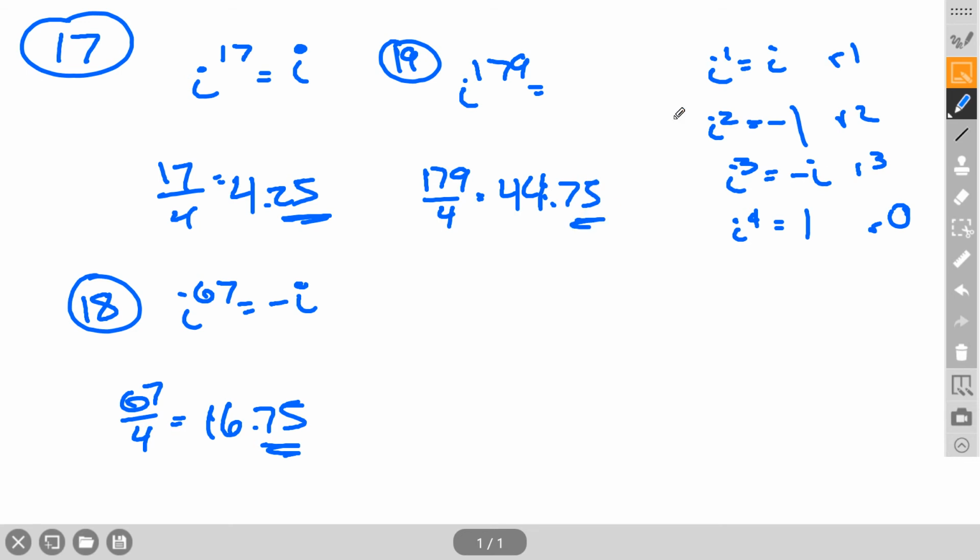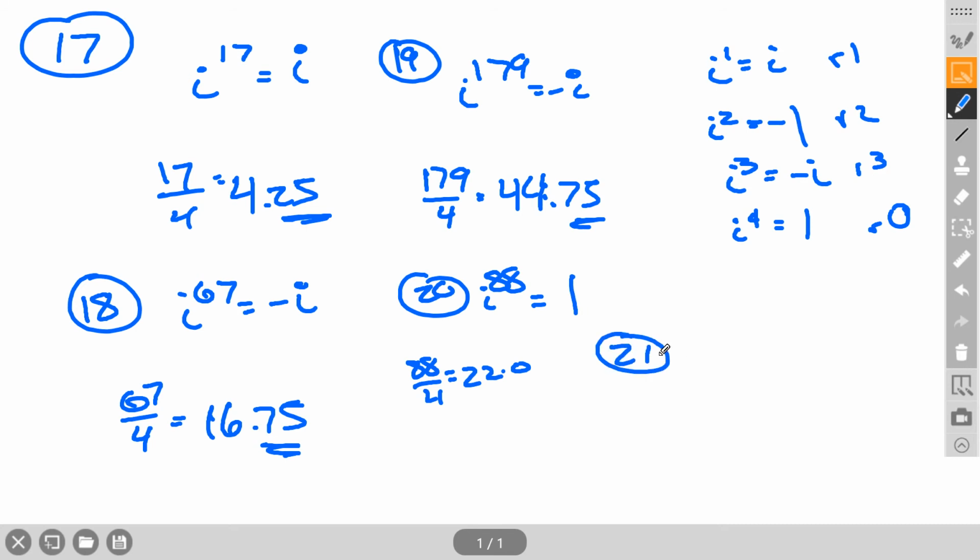That's a remainder of 3, so it reduces to negative i. 20, i to the 88. 88 divided by 4 is 22, which is 22.0, a remainder of 0, so it just simplifies to 1. And 21, i to the 1034. 1034 divided by 4 is 258.5. So 0.5 means a remainder of 2, negative 1.